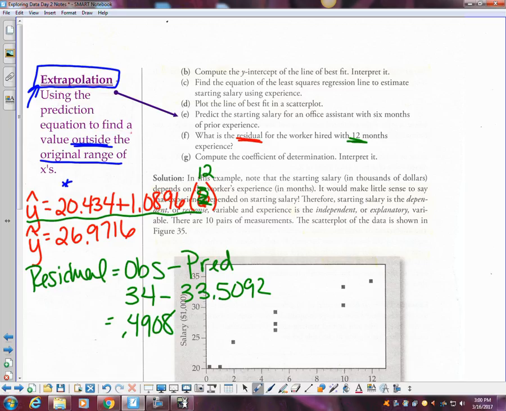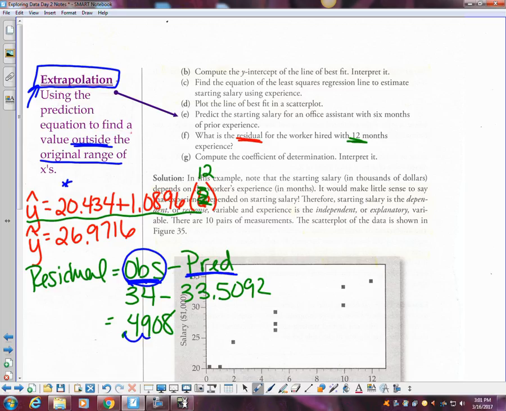Okay, now, what does this mean? Well, let's look. First of all, this answer is positive. Positive means the observed is bigger than the predicted. That means what he or she is actually getting paid is more than what we predict they would pay.